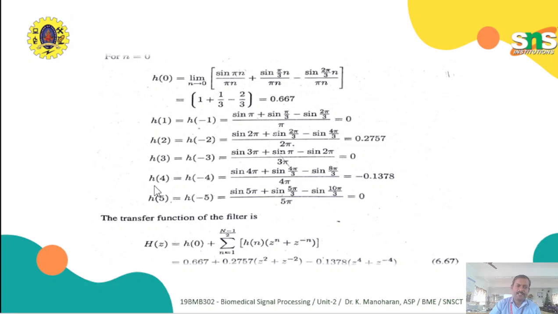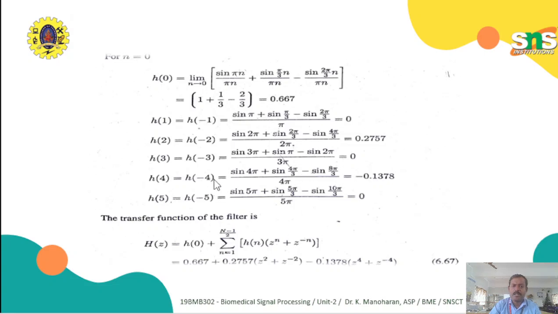Now we find h of 4. So h of 4 will be equal to h of minus 4, that will be equal to sin of n pi, that will be sin 4 pi, plus sin of 4 pi by 3. That is sin n pi by 3, so n is 4, sin 4 pi by 3, minus sin of 2n pi by 3. So 2 into 4 into pi divided by 3, 2 into 4 will be 8, sin of 8 pi by 3.